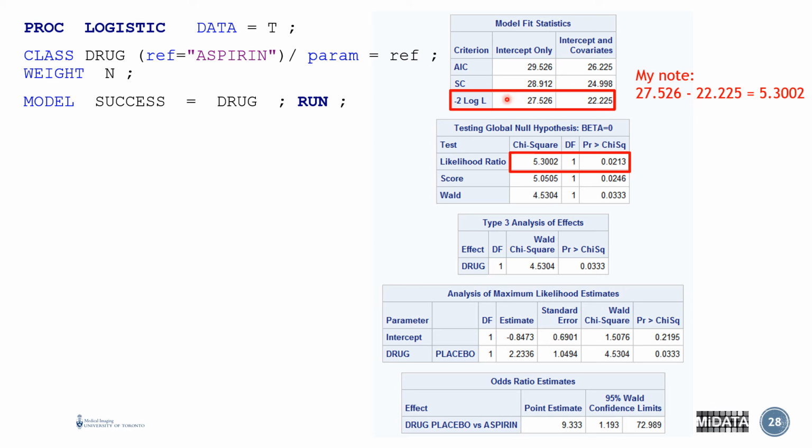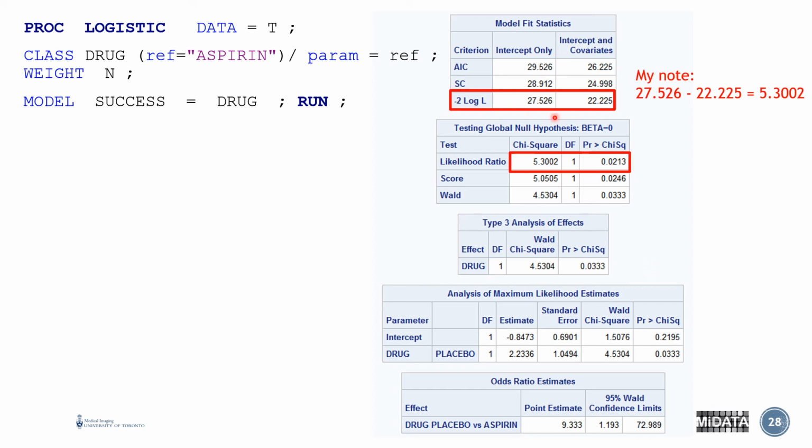Before, the null hypothesized proportion, if you remember, used the margin totals for P naught, and it was compared to the product of P1 and P2, which were your proportions for your groups, drug and placebo, so the calculation of the two log likelihoods for those two groups. And that was the ratio.